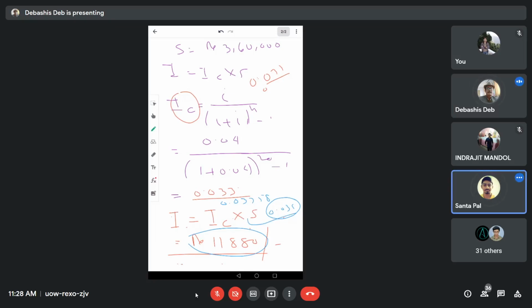For any sort of calculation, if there is minor deviation, you may consider 0.033, somebody may consider 0.034, somebody consider the entire figure. So there will be a difference in the answer, but that is immaterial. The main thing is the procedure you have adopted. Okay, no problem.